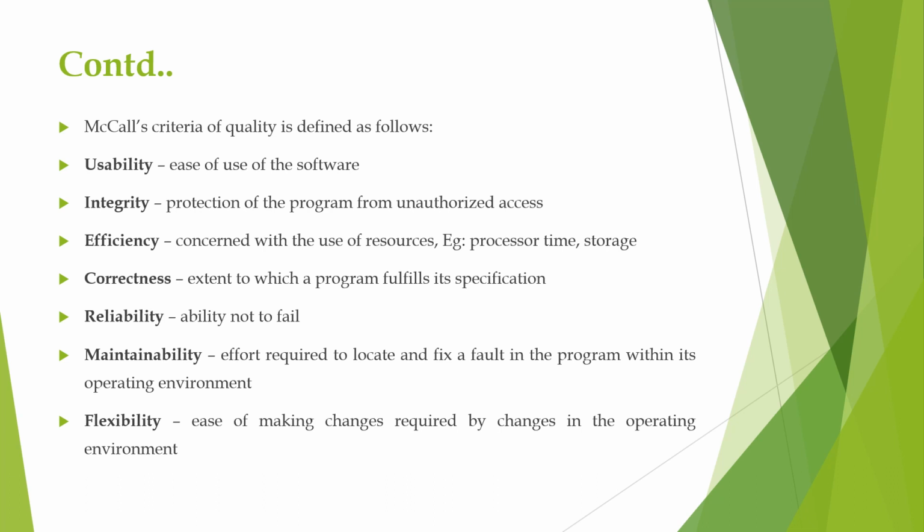At any time it should not fail. Maintainability means the effort required to locate and fix a fault in the program within its operating environment. So after the successful installation and deployment of the product, if it gets any fault or bugs, that should be easily located and fixed.